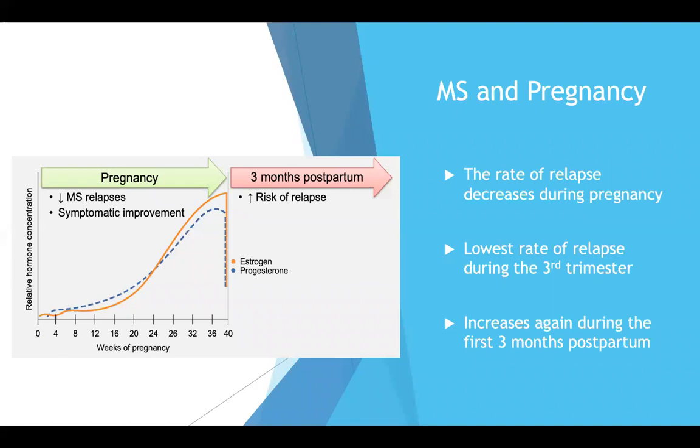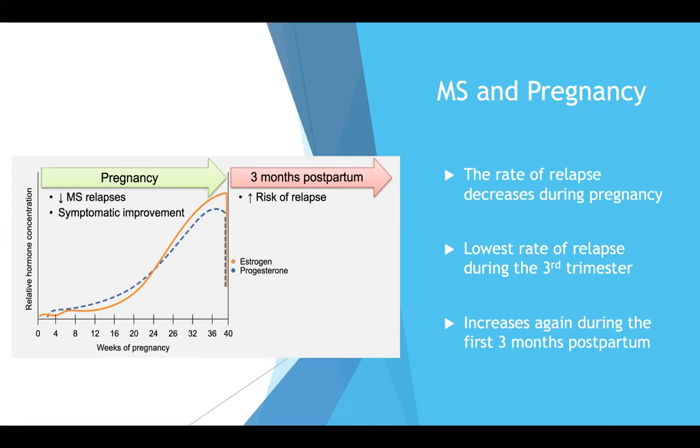When we talk about multiple sclerosis, there's always an increasing concern with pregnancy. And this is basically due to the effects of estrogen and progesterone in disease progression. It has been shown that during pregnancy, the rate of relapse decreases significantly.